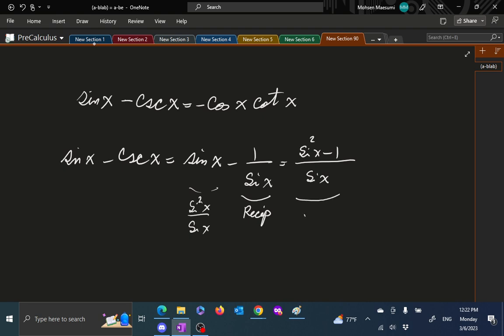Here all I have done is algebra. Next, numerator 1 minus sine square is cosine square. So sine squared minus 1 is minus cosine square over sine of x. So to come here, we have done Pythagorean.